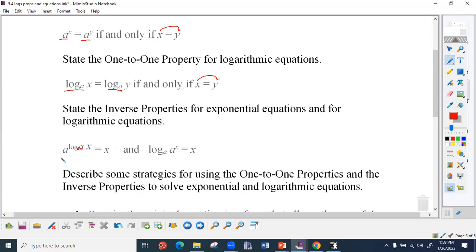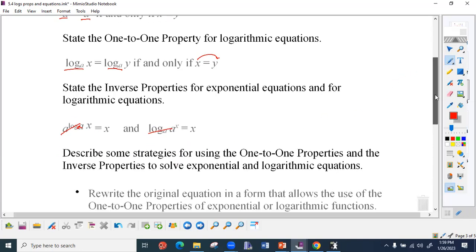What that does is eliminate the log, and all I'm left with is my argument. If I have an exponential raised to an x or a variable, and I want to get rid of the exponential, I'm going to take the log of the same base, and they'll cancel each other out. So that's how the inverse properties work.